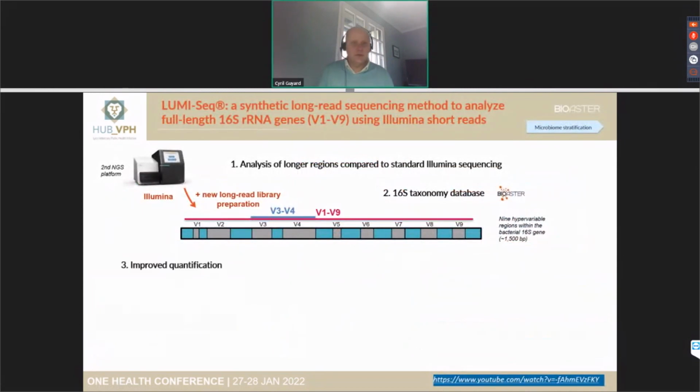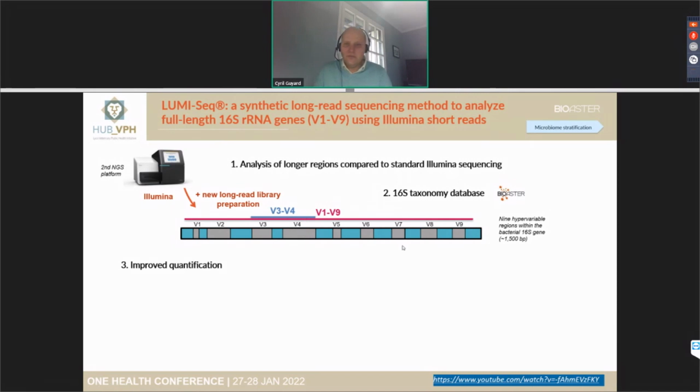Here is the first example of a technology we've developed. We all know the bias of current solutions for analyzing the microbiome, which are focused on 16S RNA sequencing, mostly using the V3-V4 areas.